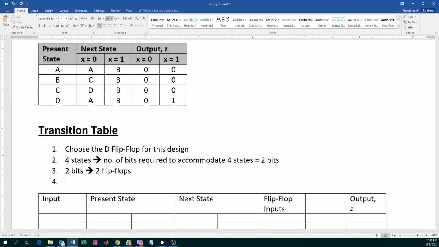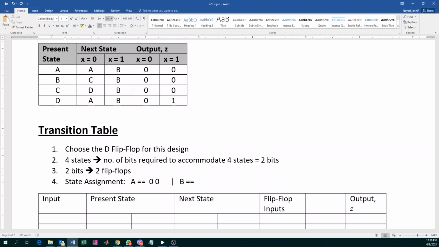All right, let's now do the state assignment. What does A stand for? We can say that A is 0, 0, right? Let me put this vertical separator over here. What does B stand for?